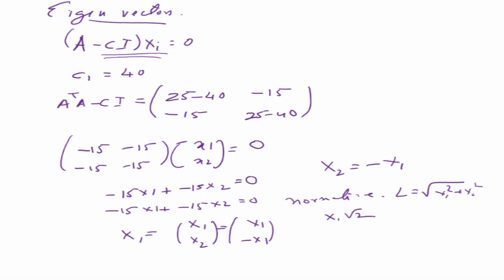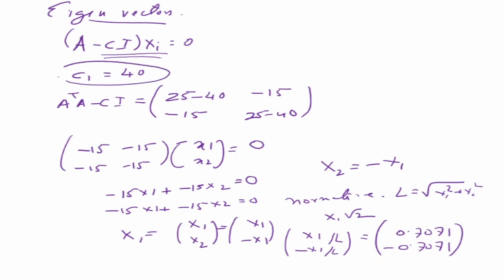I divide x1 and minus x1 by L, and we get the normalized values, 0.7071 and minus 0.7071. So this is for eigenvalue equal to 40.